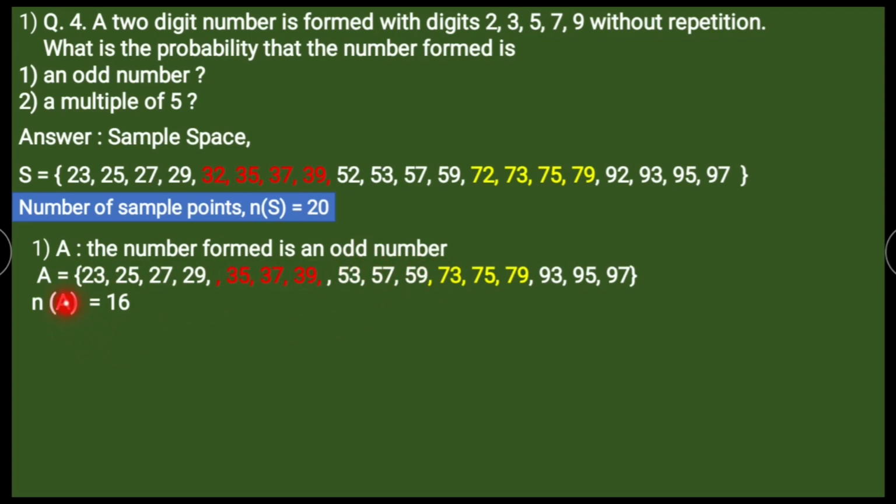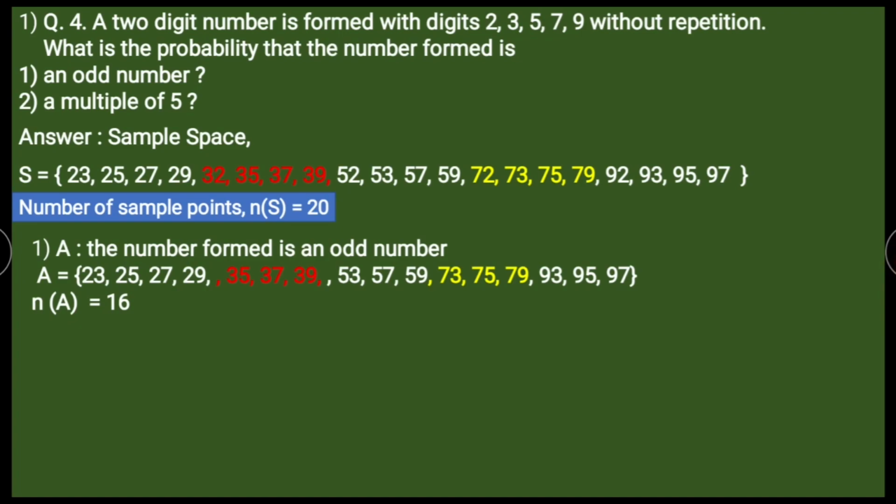So in set A we write 23, 27, 29, 35, 37, 39, 53, 57, 59, 73, 75, 79, 93, 95, 97. These are a total of 15 numbers. So write n(A) equals 15.